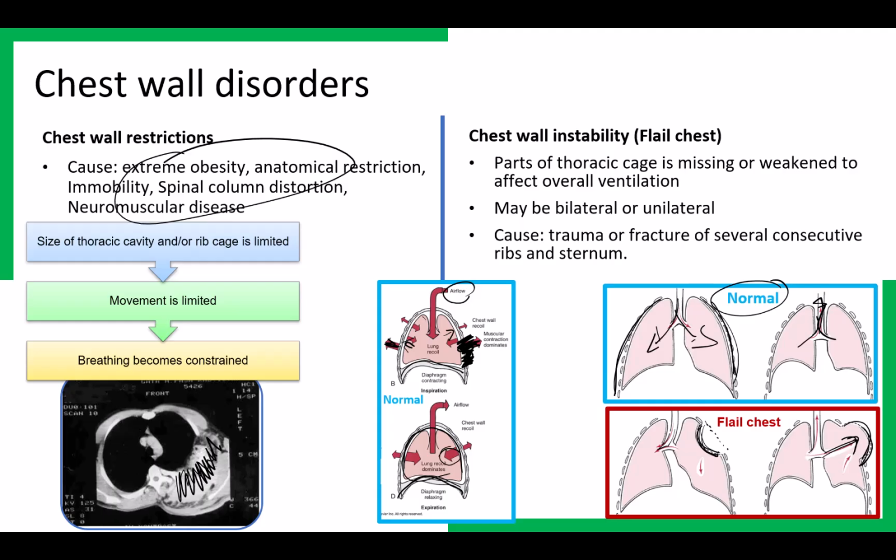So flail chest can be either bilateral, on both sides, or unilateral, just on one side, and it can be caused by trauma, fracture of several consecutive ribs, or the sternum, the breastbone over here. And you can see this will actually hinder the ability of air to go in and out on an ongoing basis.